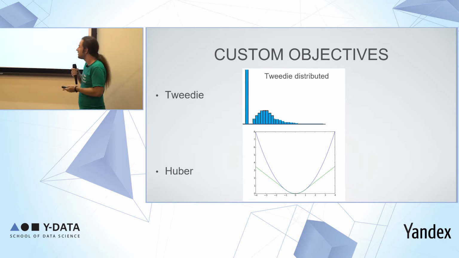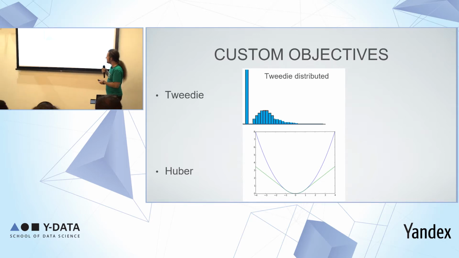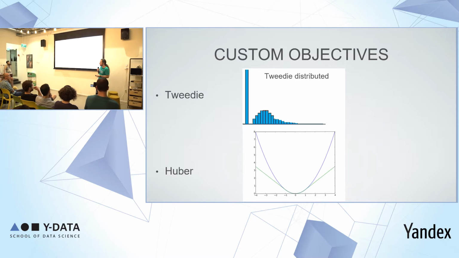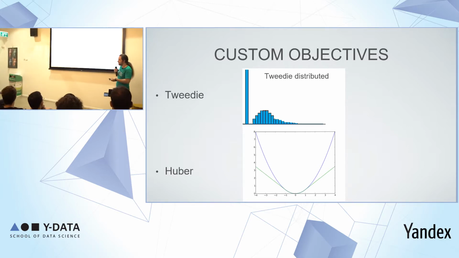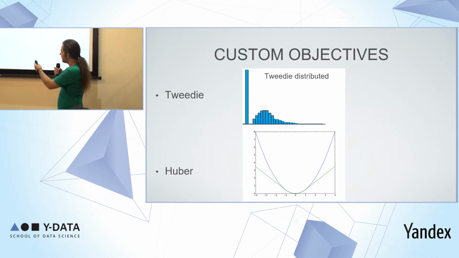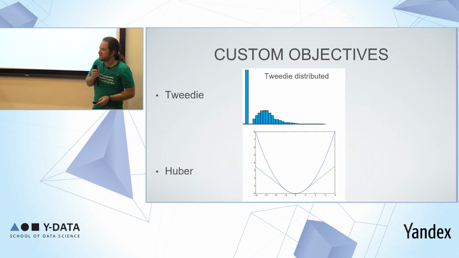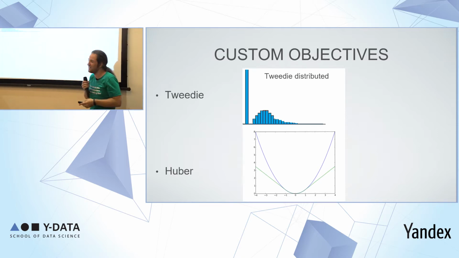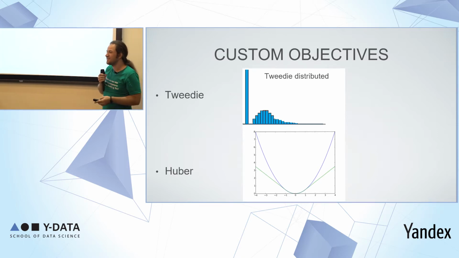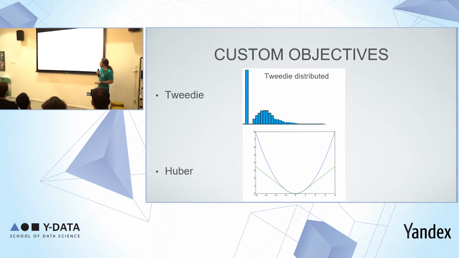Do you have some kind of a real life example? As I said, if you try to build a model for demand prediction, like if you sell items in a shop, it could look like this. A lot of items with zeros, and it is alike for demand prediction distribution.